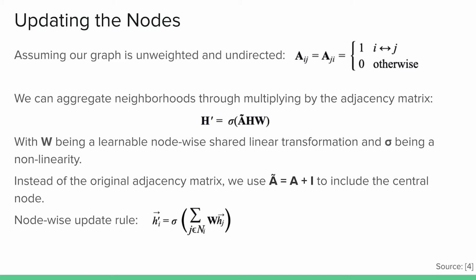So we have our features H, we multiply them with the adjacency matrix A and with another weight matrix W, that is the learnable node-wise shared linear transformation. This W is the thing that we're actually learning here, plus a non-linearity function sigma, just to make this a bit more powerful.